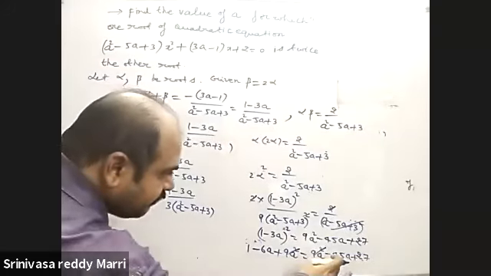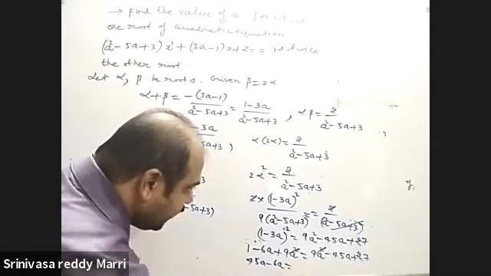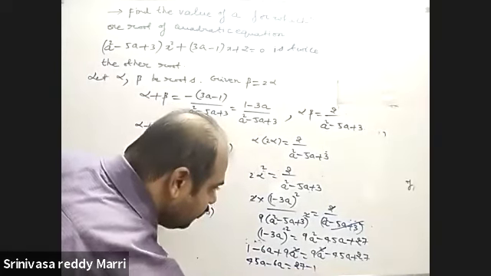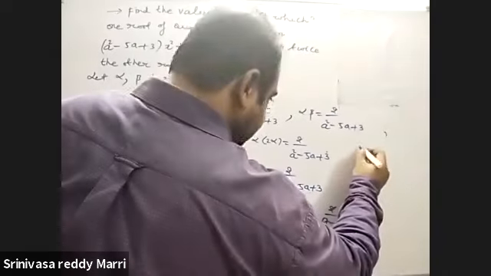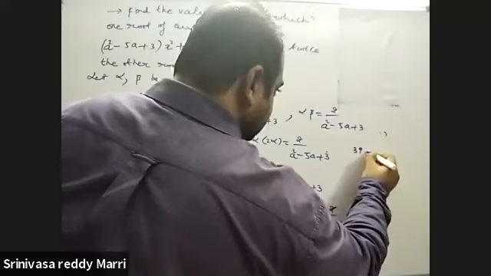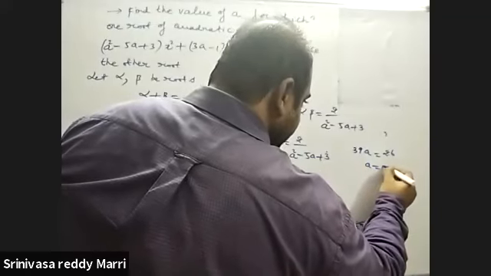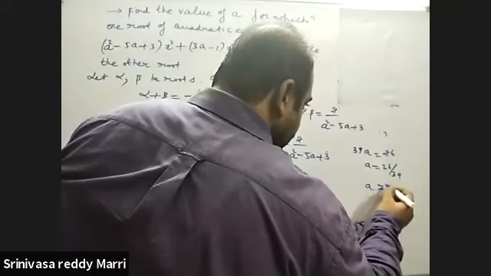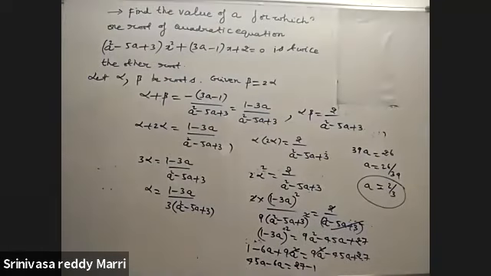What you will get? 45a minus 6a equals 27 minus 1. Look at 45 minus 6: 39a equals 26. Therefore a is nothing but 26 divided by 39. So 13 2s, 13 3s. A is 2 by 3.